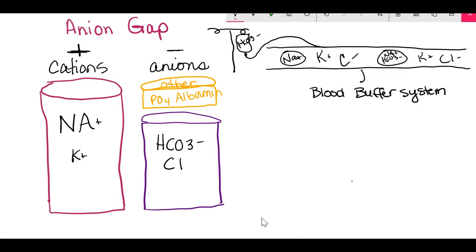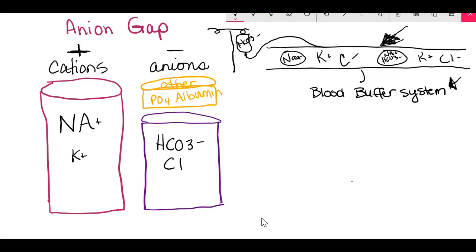So let's go back over here. This is a blood vessel, and as you can see, I drew, which I'm not a good artist, some cells and some electrolytes. Remember, there's a balance, and that's called the blood buffer system. Your body's always trying to maintain a proper balance between your sodium, potassium, bicarb, chloride, phosphorus, and magnesium.